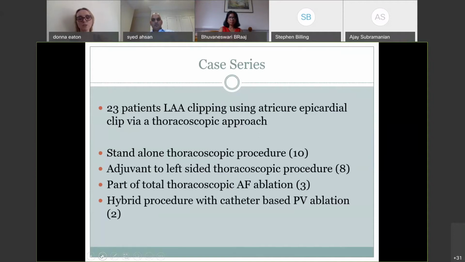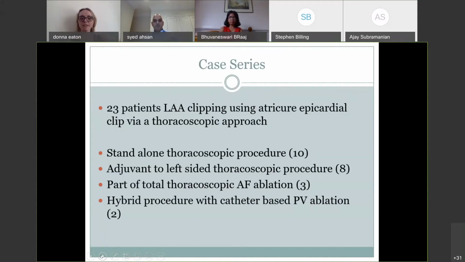And then the third group, which actually were the group that I started doing this procedure for, are patients where we've been asked to do a full thoracoscopic atrial fibrillation ablation, and we're putting on a left atrial appendage clip at the same time, or patients having their full ablation done as a hybrid procedure.